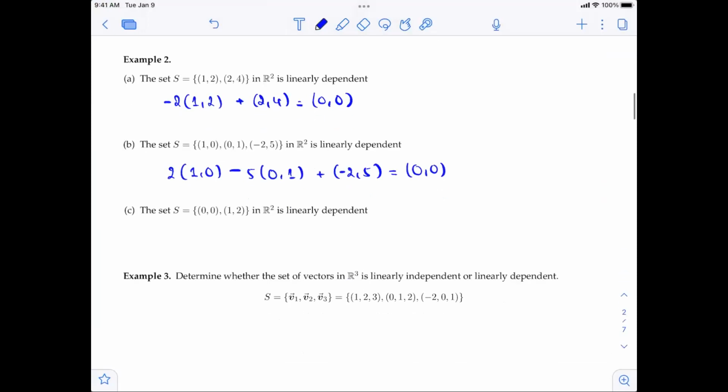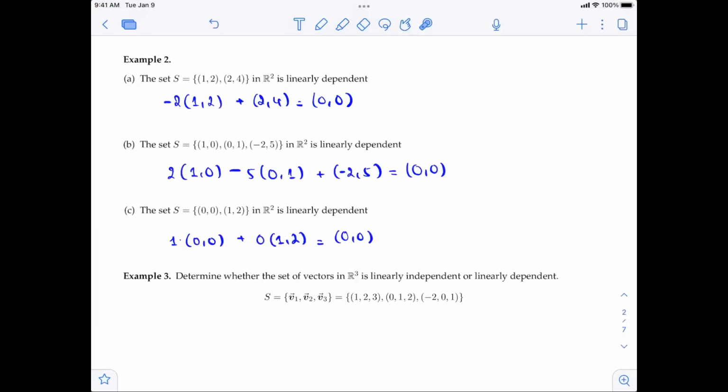In problem C, you have a set of (0, 0) and (1, 2). And this is, of course, linearly dependent because you can write 1 times (0, 0) plus 0 times (1, 2) equal to the zero vector. The coefficient on the zero vector can be anything really, because anything multiplied by 0 is equal to 0.